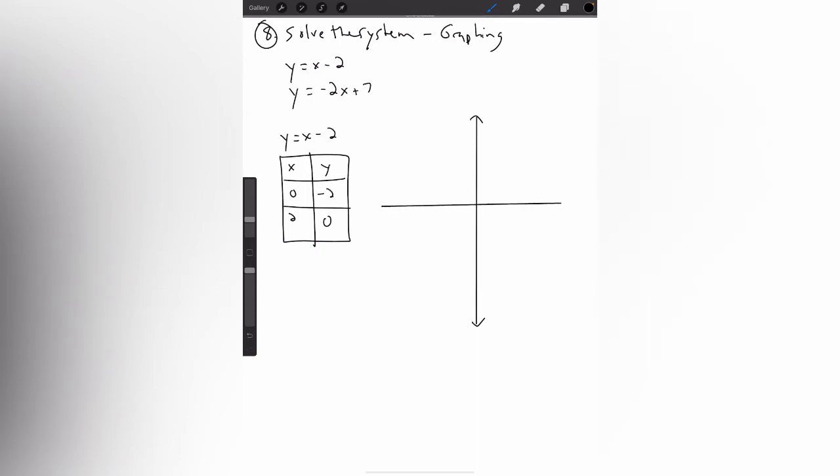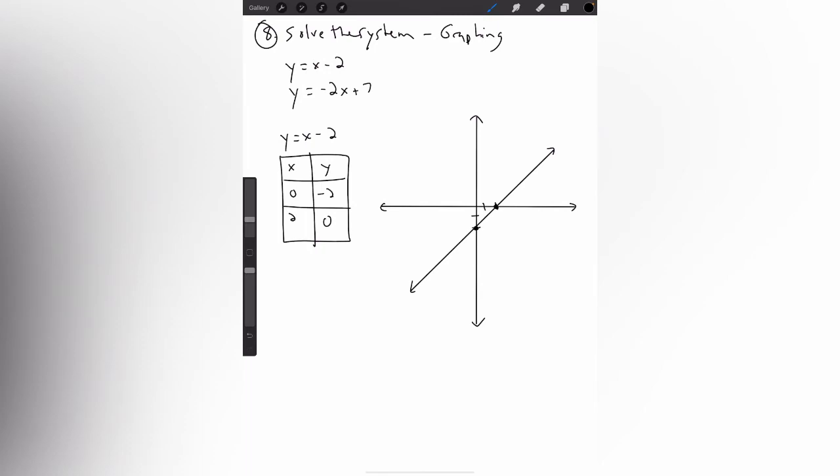And that line will straighten out. And I'll say 0, negative 2, and then 2, 0. Okay? Since this is just an equation, right? We're going to go ahead and connect it with a solid line. It's not an inequality, right? So now I'm going to use a solid line.